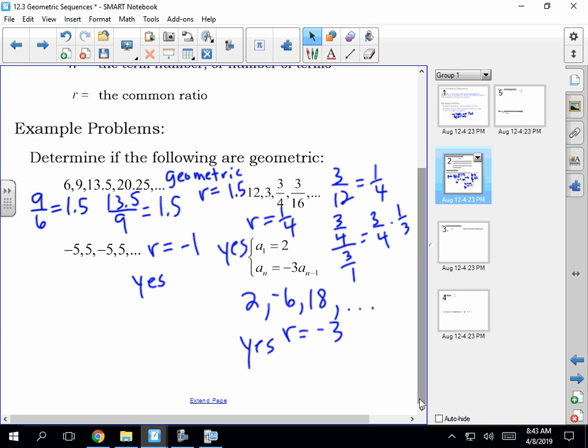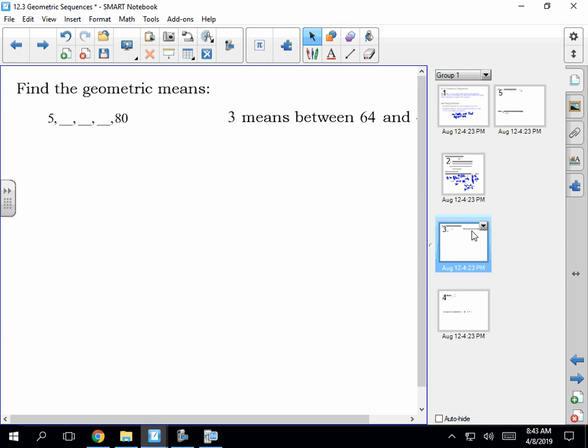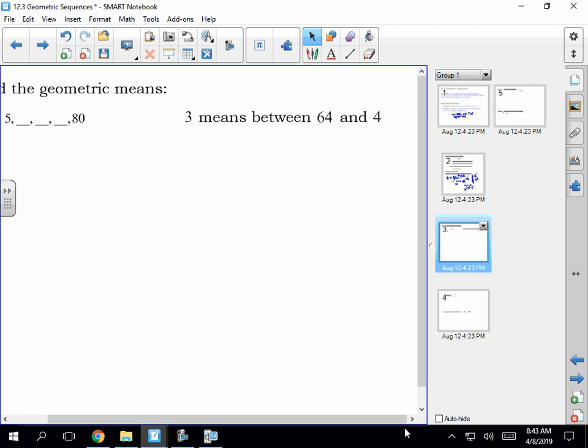And then there are the same types of problems that you'll be asked to do here. Finding the geometric means is really equivalent to just finding the terms of the sequence. So if we have 5, comma something, comma something, comma something, 80, you might be able to just think of that algebraically.